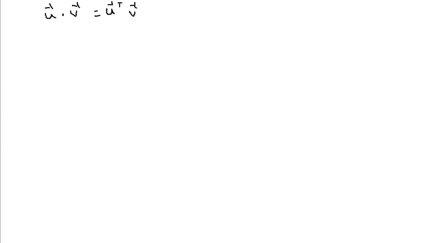So I need to transpose this u, which means that the rows become the columns, or the columns become the rows. So that would simply look like this: 1, 3. Now I have a row vector. And 2, negative 1. And I do element-wise multiplication and then add the sums together. So this is 2 plus negative 3. So that's negative 1.